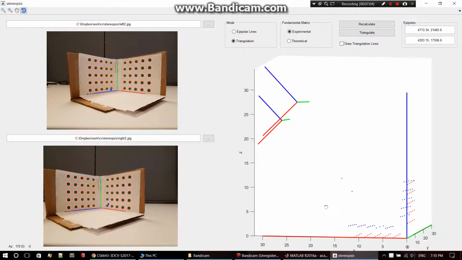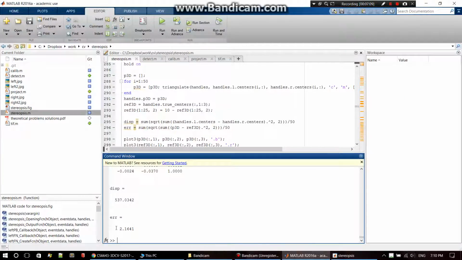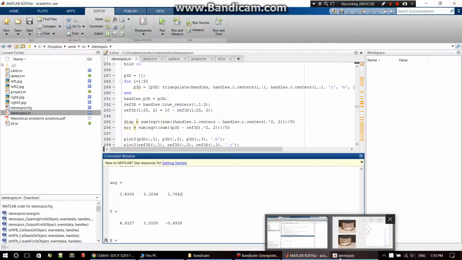We see that reconstruction was less accurate now. Average error is 22 millimeters, and translation vector was properly reconstructed from calibration. It's indeed 4.7 centimeters, so no shift along vertical axis and slight approach along Z, and no rotation with respect to each other of camera frame of references.